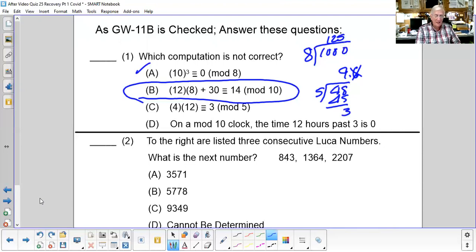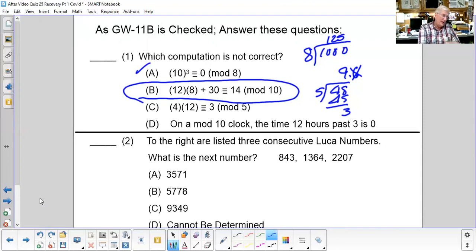Okay, on a mod 10 clock, the time 12 hours past 3 is 0. Mod 10 clock, that is now, right? If I go 12 hours past 3 o'clock, that would be 15 o'clock, right? And 15 is what? 5 mod 10, not 0 mod 10.